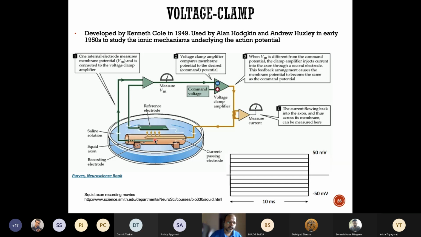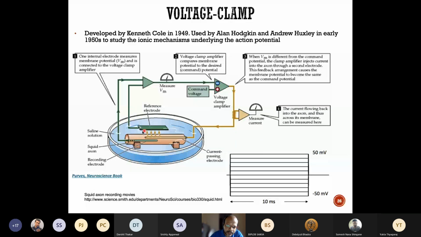One is just a measurement electrode, which measures the membrane potential, nothing more. The other one, this yellow one here, is called the current passing electrode. This is the electrode that passes current. You need both of them for this to work.